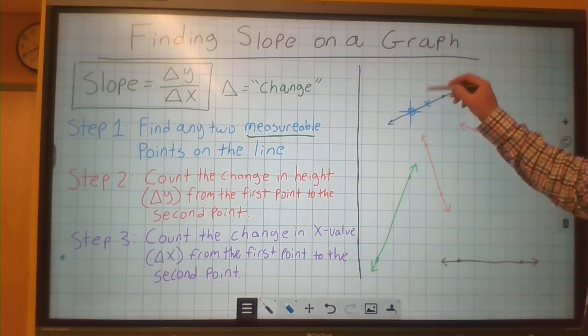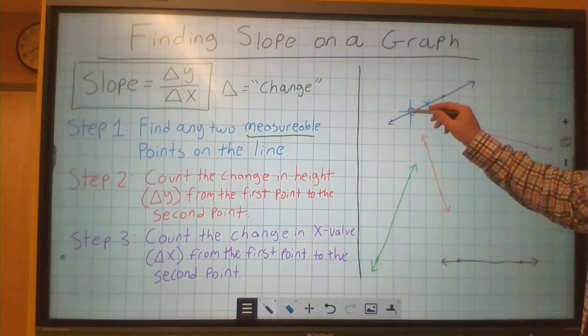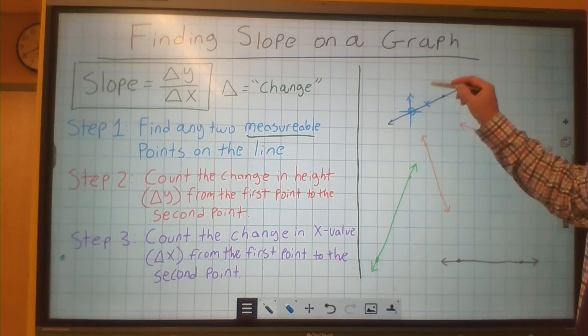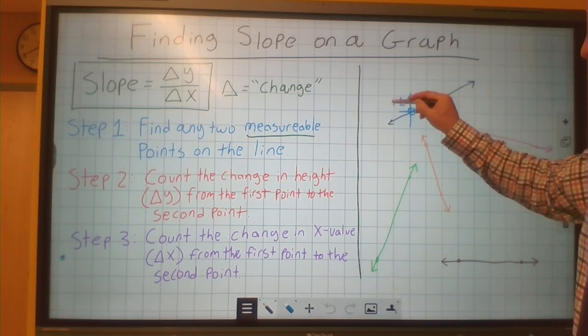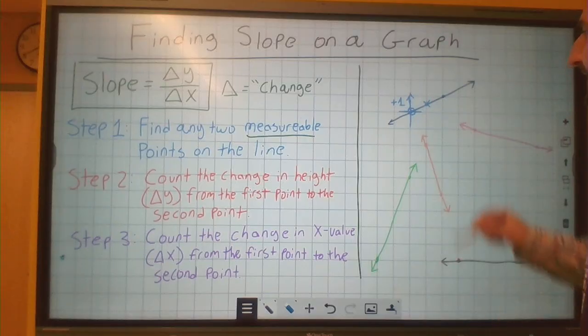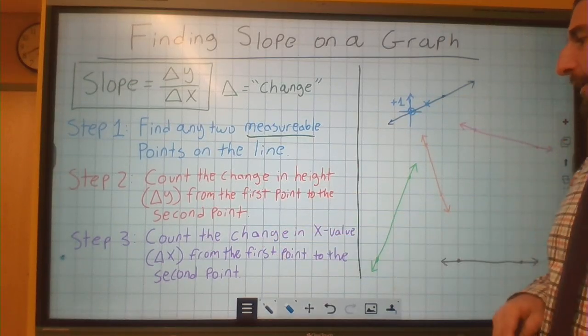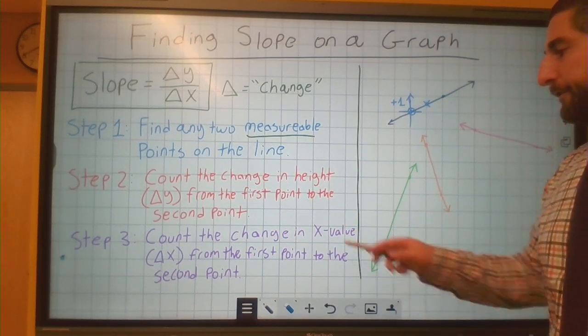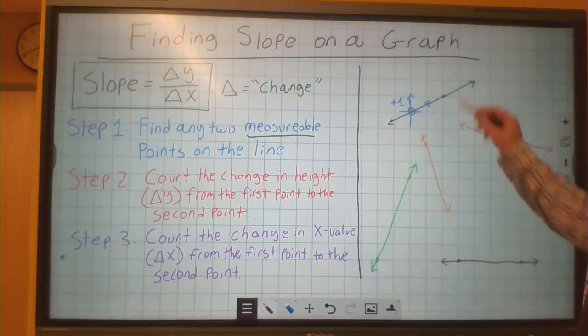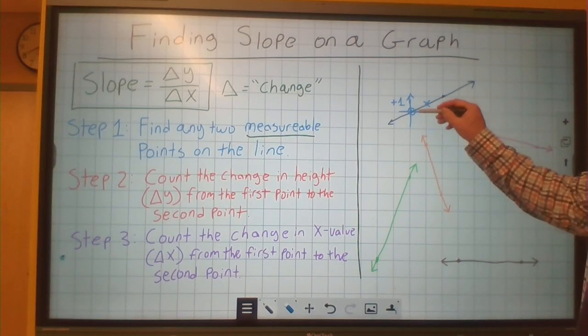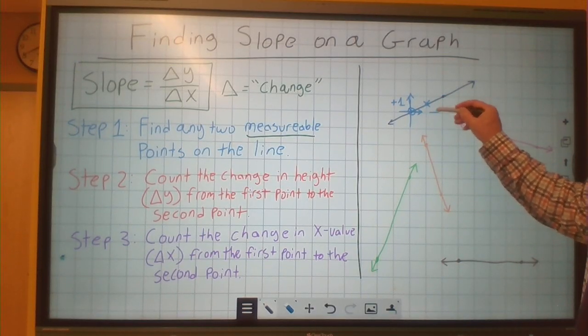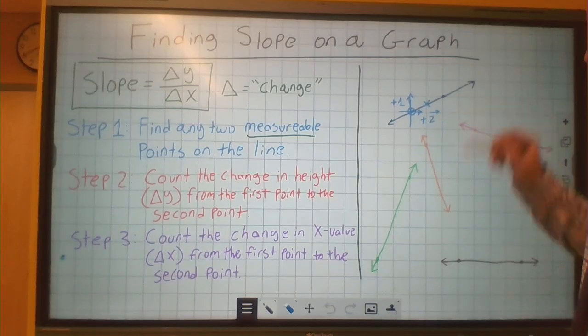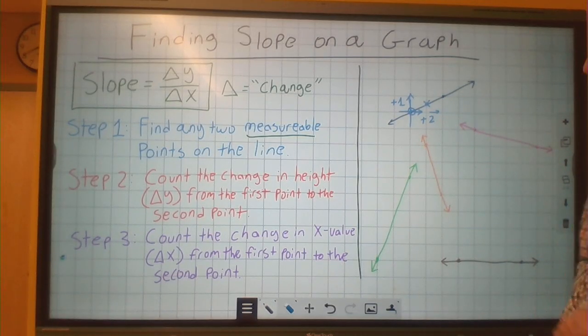So if I am calculating from here, I can see that from my first point to my second point, it is up 1. Then I count the change in the x value from the first point to the second point. So if I'm seeing how far forward it goes, I can see that it is +2.